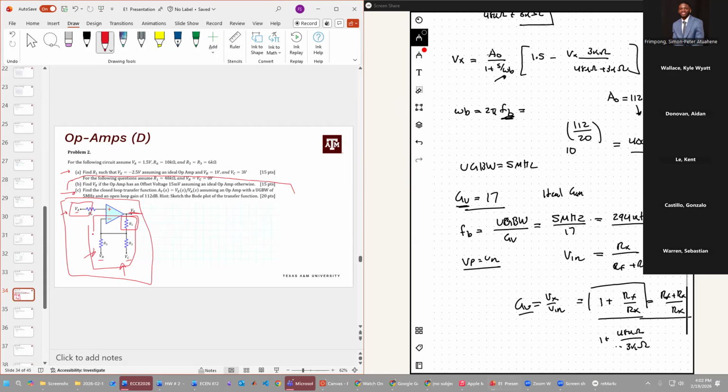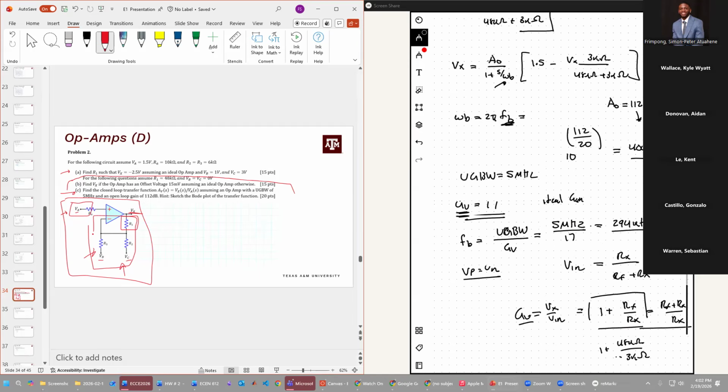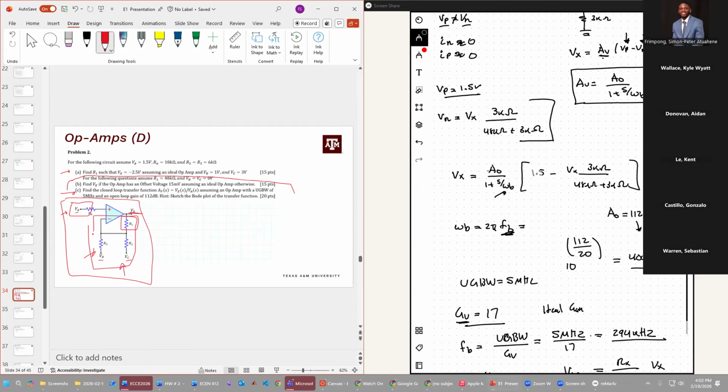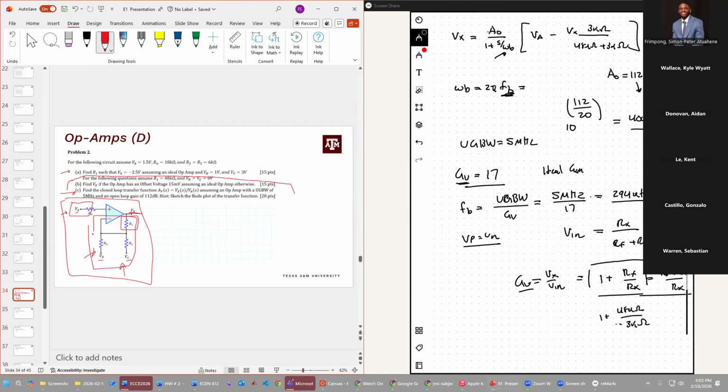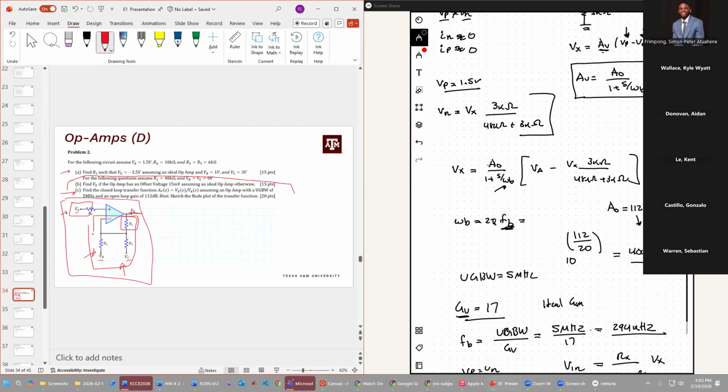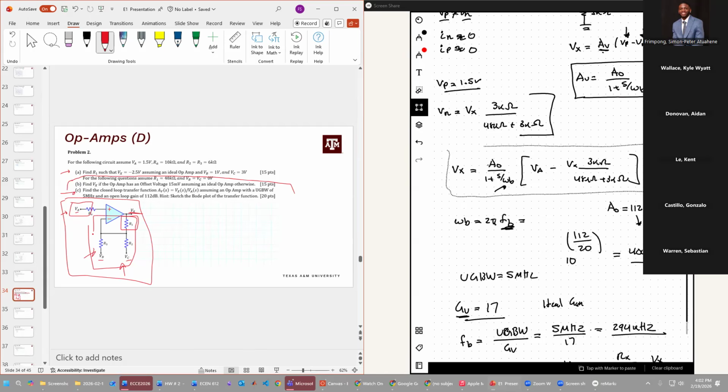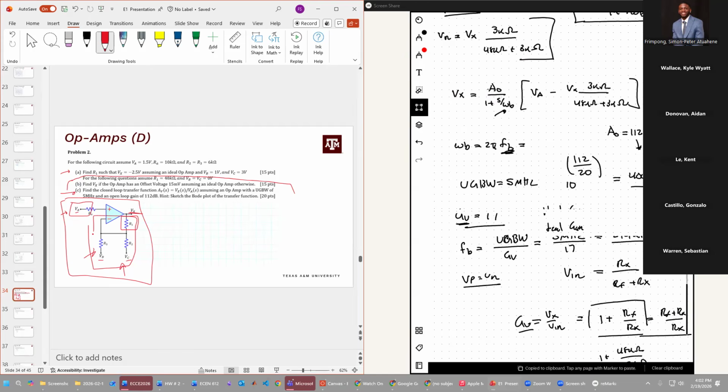All right. And sorry, I need to have this in terms of VA, like this. There we go. Okay. All right, so we're on the home stretch. We just need to plug everything in, move things around algebraically, and then we'll have our transfer function.